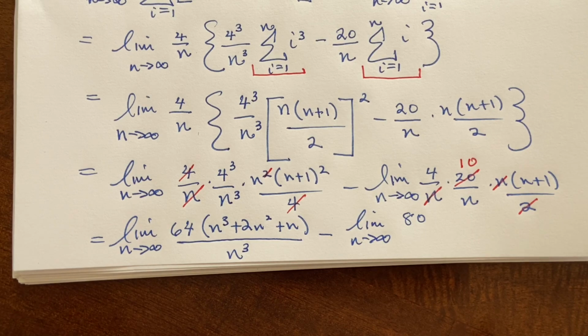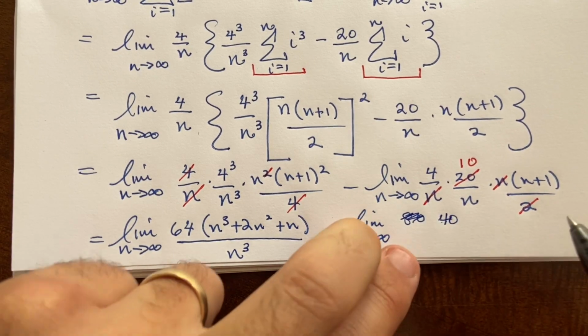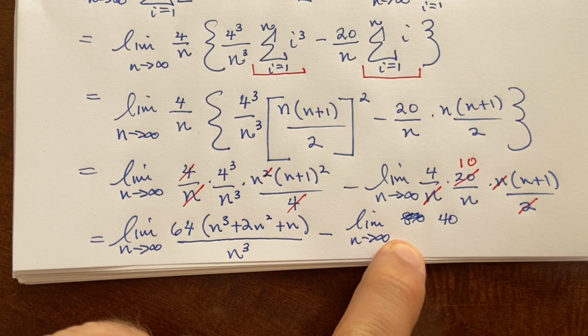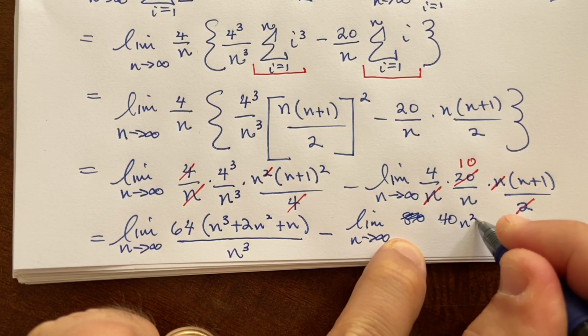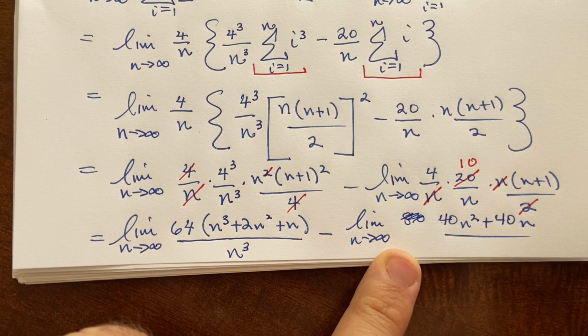I guess that would be 40. Just make sure I get this right. 40 n squared plus 40 n all over n squared.